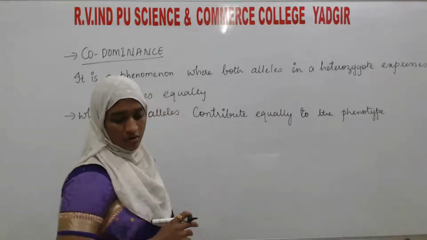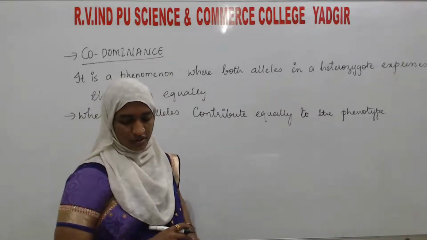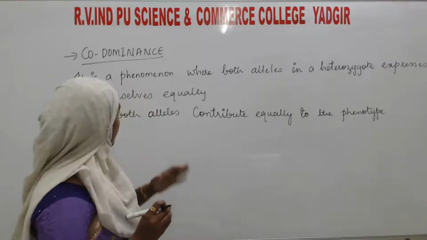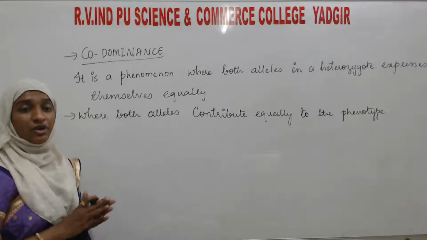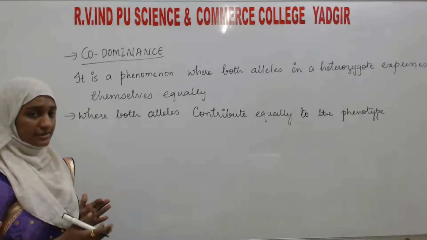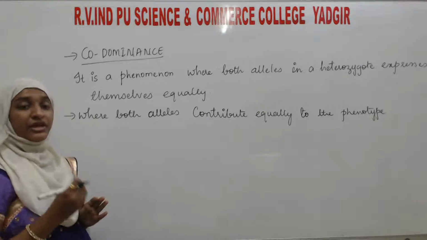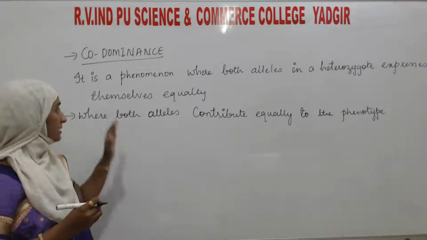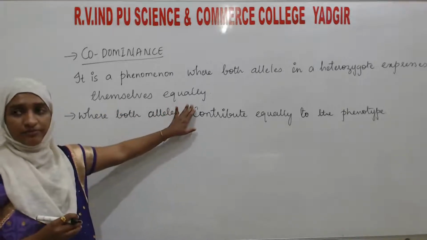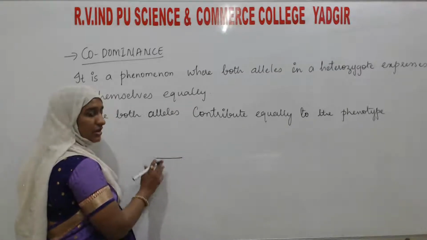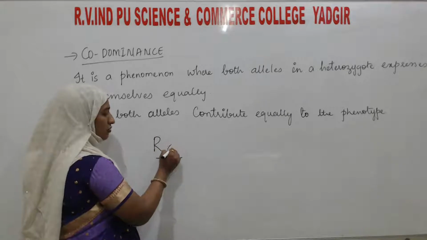During codominance. So here, to explain this phenomenon, once again I will tell you, this is a phenomenon where both the alleles in a heterozygote condition express themselves equally. One more example I will tell you here, that is capital R, small r.